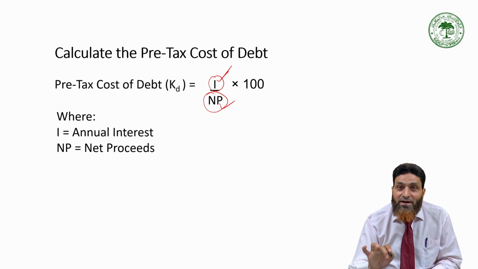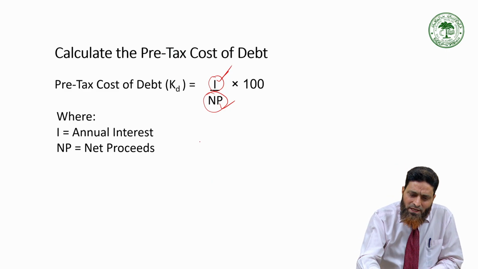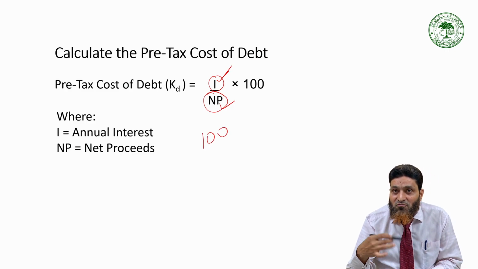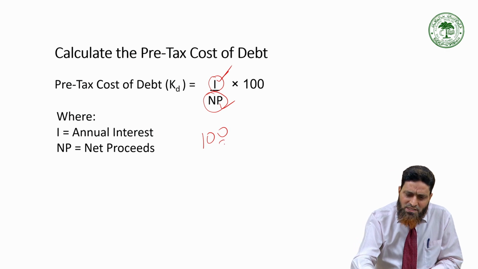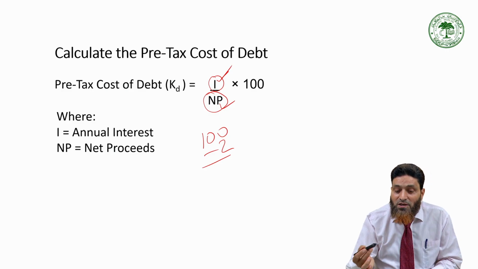So I stands for interest, NP stands for net proceeds. Why do we call it net proceeds? Because normally in case of a debenture, the face value is, suppose, 100 rupees. In case of issue, some cost is involved. We call it flotation cost or cost of issue, suppose 2 rupees is involved. So actually the company is raising 100 rupees, but 2 rupees of cost is involved, some brokerage, some commission.